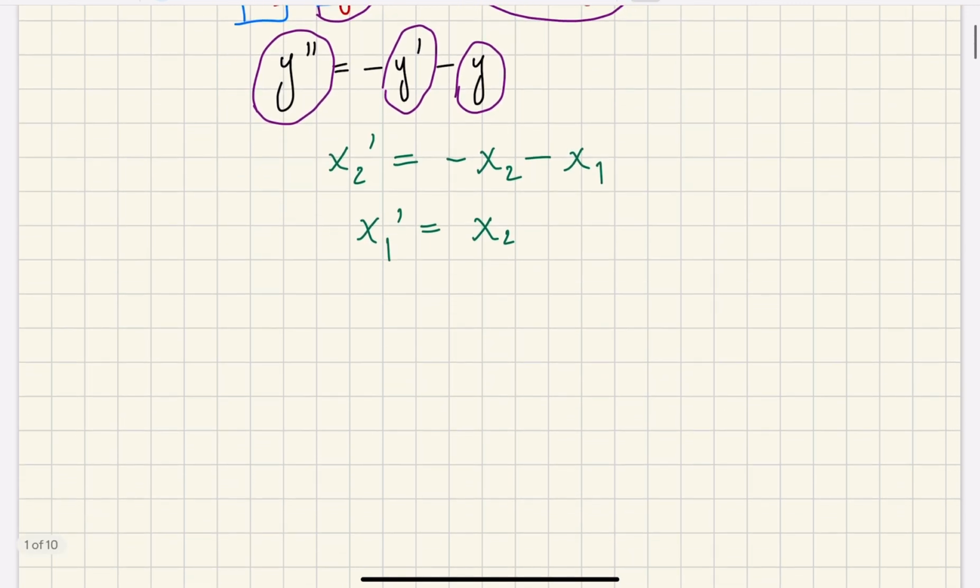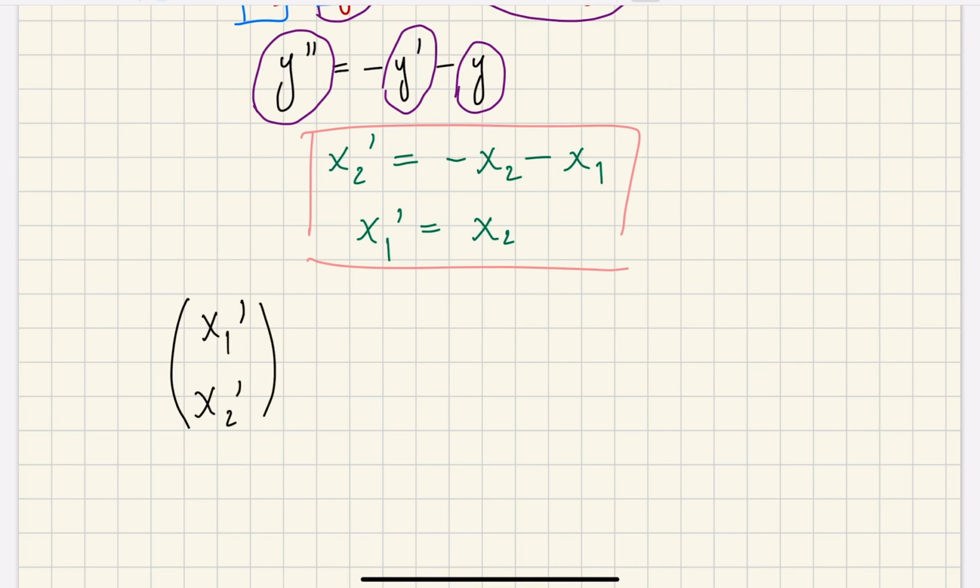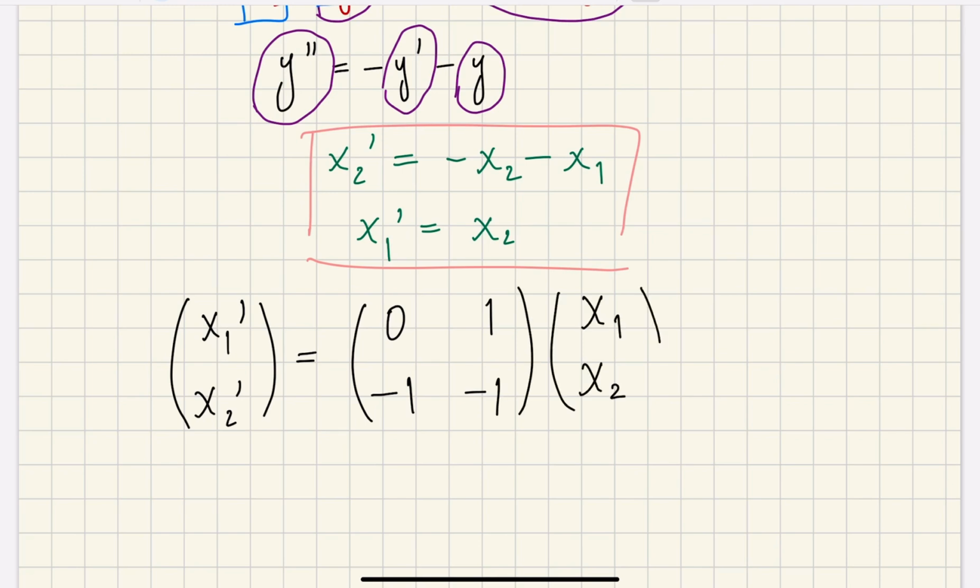So if I write both of these in matrix notation, it becomes x1 prime, x2 prime is equal to 0, 1, negative 1, negative 1 times x1 and x2. If you write these in scalar form, perform row operations on it, they should turn out to be like these.